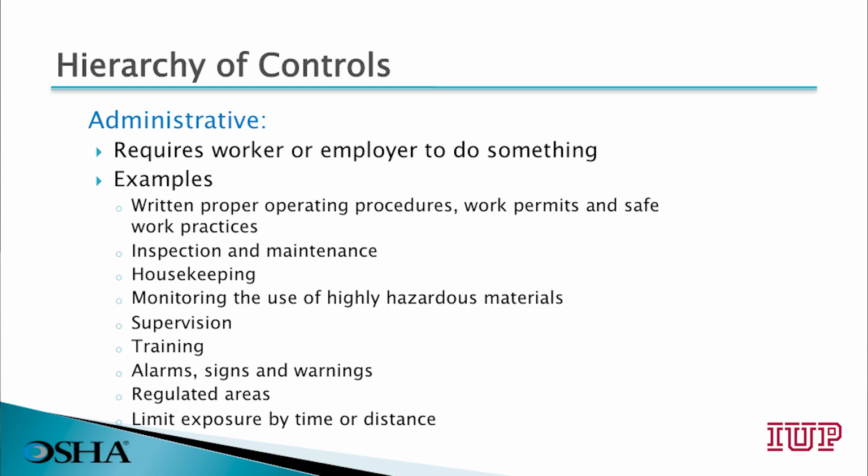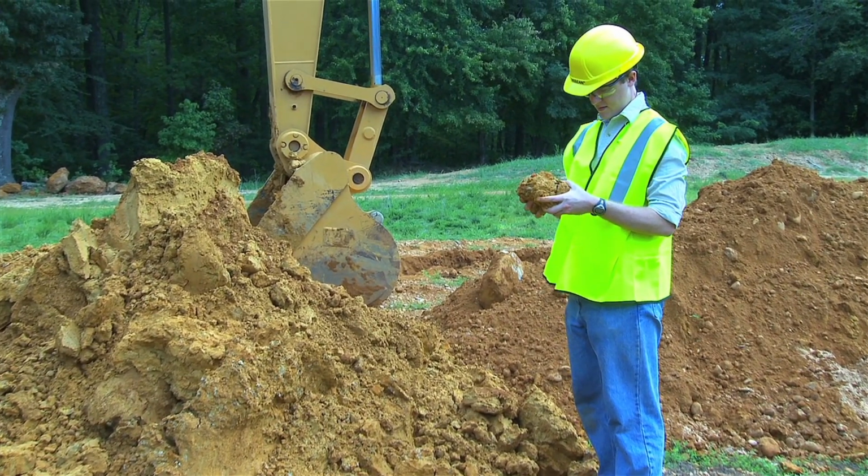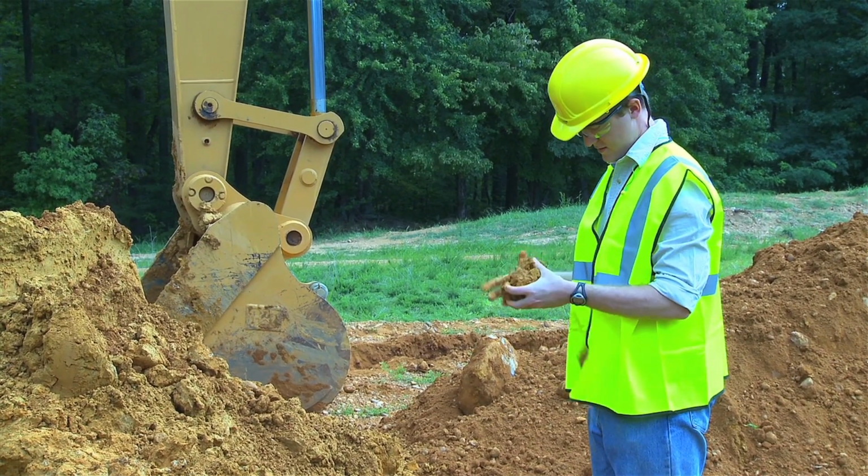Examples of administrative control include operating procedures, work permits, safe work practices, housekeeping, supervision, training, alarms, signs, and warnings. Last, and the least effective on the hierarchy of controls, is personal protective equipment. And this requires a worker to wear something in order to protect them from a hazard. Examples of PPE include vests, hearing protection, hard hats, safety glasses, and steel toes.